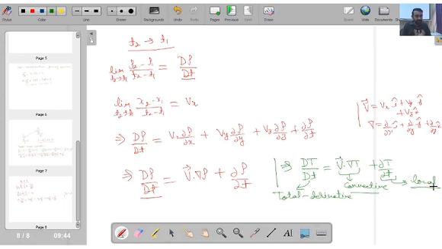local term. Okay. So physically you have to understand, let's consider that outside it is the winter season.